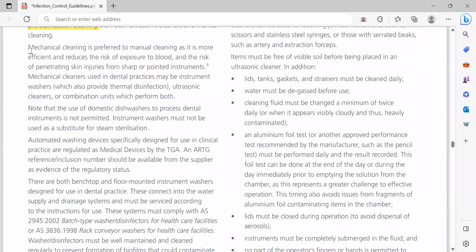Mechanical cleaning is preferred to manual cleaning because when you clean the instruments with your hand, there is a risk of exposure to blood and the risk of penetrating skin injuries from sharp or pointed instruments. That's why mechanical cleaning is preferred.